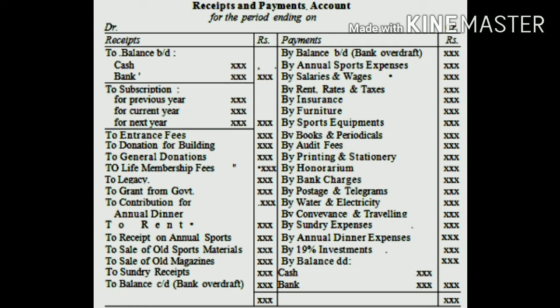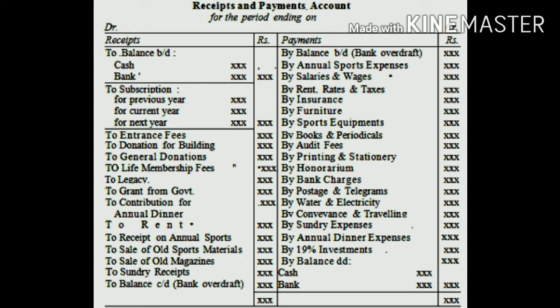The format shows that receipts are on the debit side, payments on the credit side. First, let's see the debit side, which is receipts. To balance BD, cash, bank, add both the amounts and enter the amount in the rupees column. To subscription, for previous year, for current year, for next year, add all the amounts and enter in the rupees column.